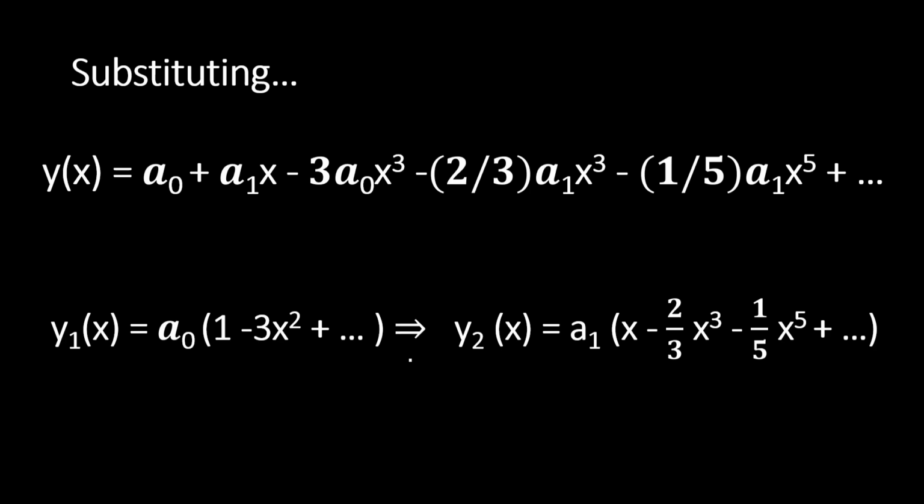If you remember, this is the value for our a2, and this is what we got to be our a3. Our a3 was given to be minus 2 over 3 a1, and our a2 was given to be minus 3 a0.